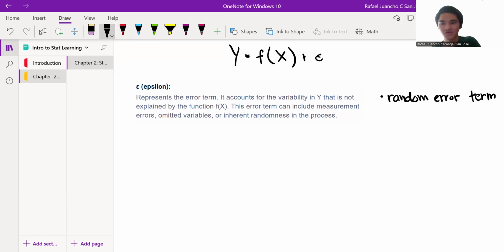It takes into account the randomness that's inconsistent. It helps us identify those outliers, basically those points that are not consistent with the data or the curve. Or maybe even deleted data that's not included in the graph. There could be something along those lines.